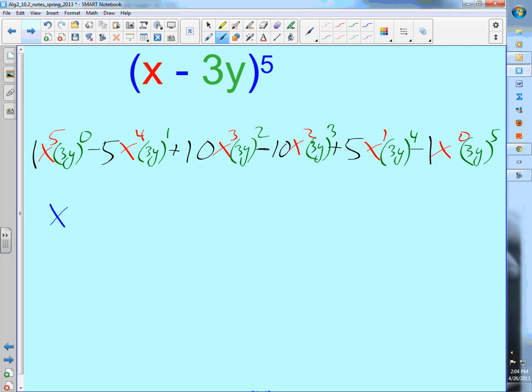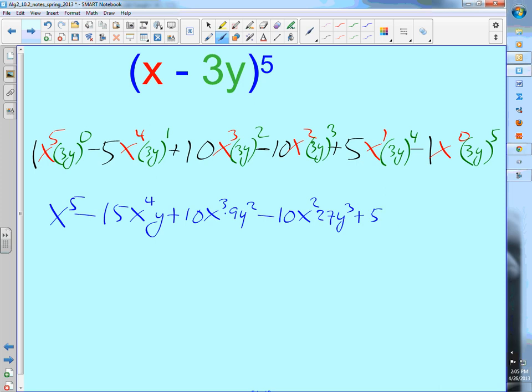This is going to be x to the 5th minus 5x to the 4th times 3y. We could multiply that and get 15x to the 4th y. But the next one is going to be 10x to the 3rd times 9y squared. And then 10x squared times 27y to the 3rd.